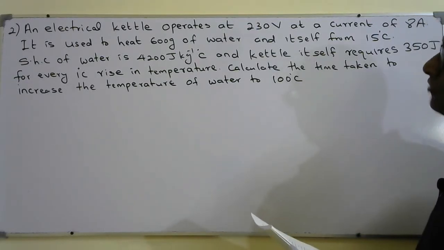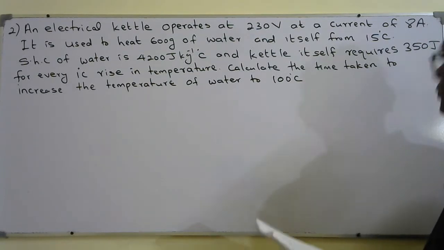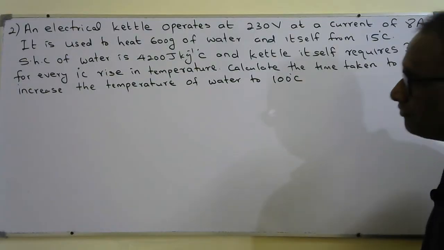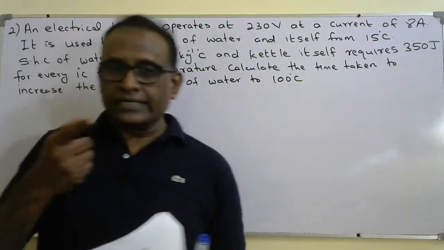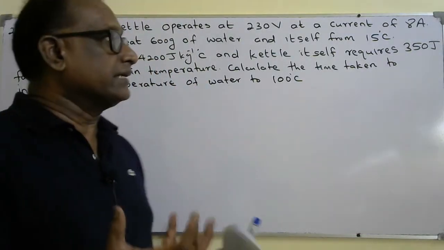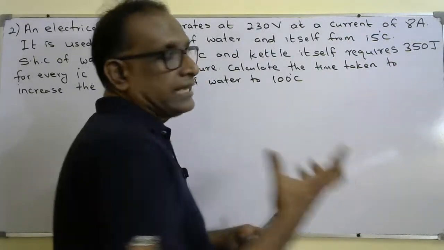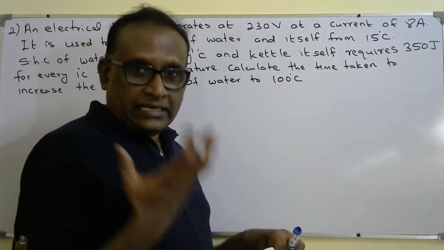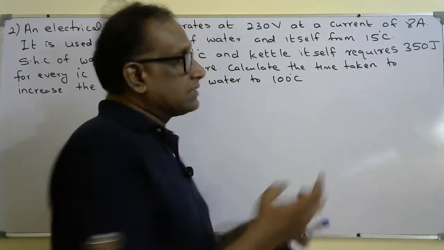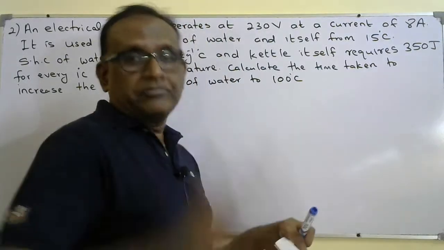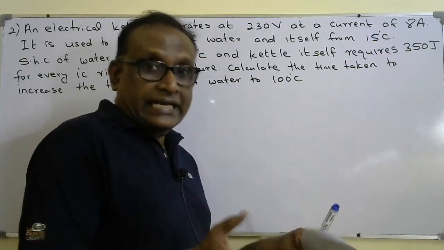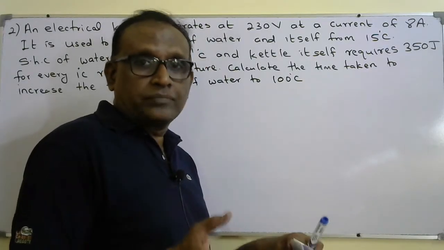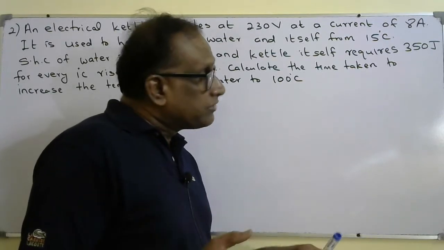The specific heat capacity of water is given as 4200, and the kettle itself requires 350 joule for every 1 degree Celsius rise in temperature. If the temperature of the kettle increases by 1 degree Celsius, the kettle material will absorb 350 joule. If it increases by 2 degrees Celsius, the kettle will absorb 700, 350 into 2, like that. So if the temperature increase is delta T, the kettle will absorb heat equal to 350 into delta T.